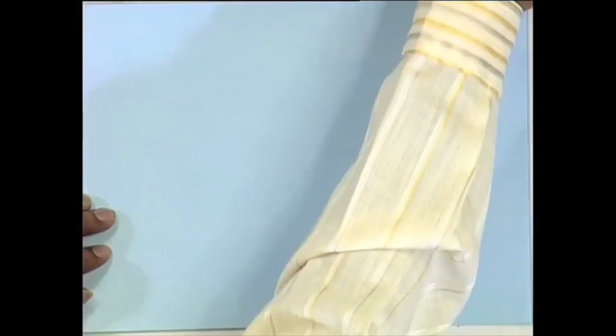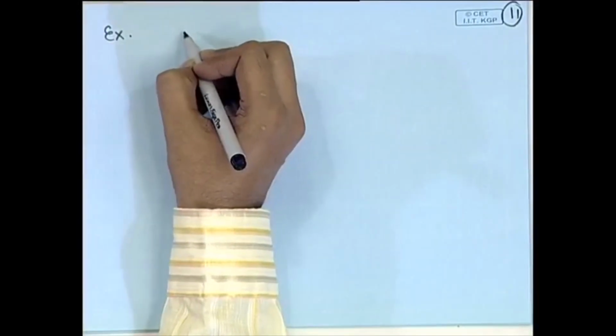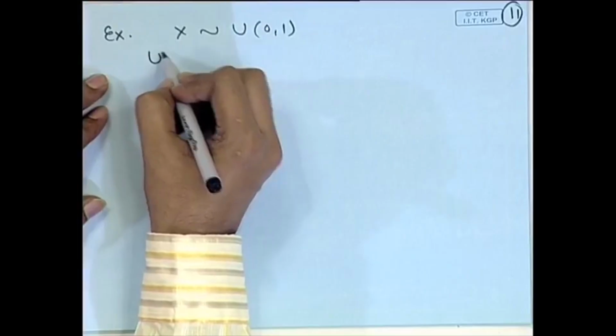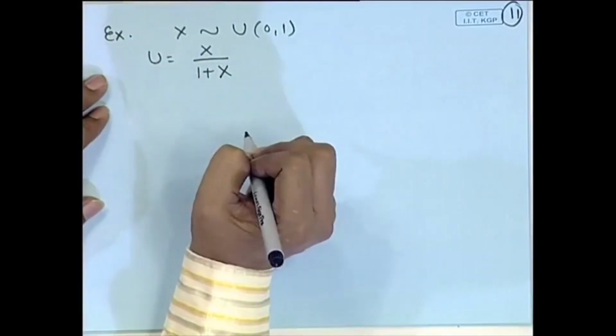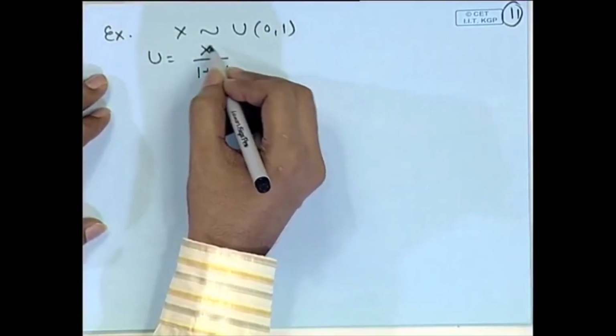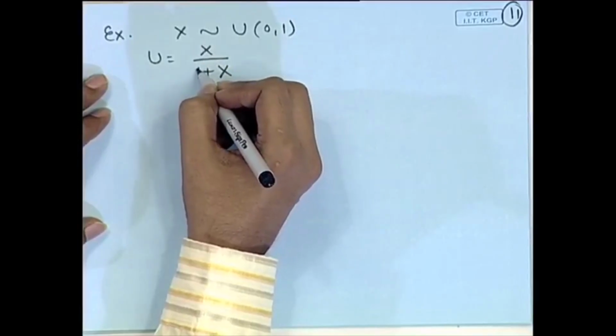So, let us look at another example. Say x follows uniform (0, 1), and we define the random variable u equal to x divided by 1 plus x. Again, you can see that this is a 1 to 1 function.